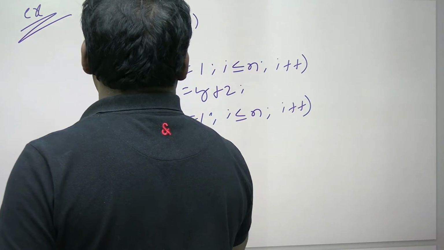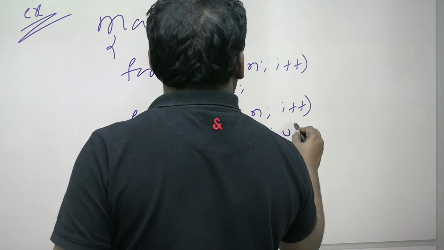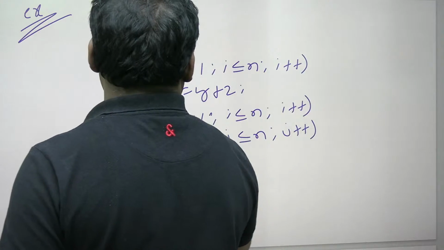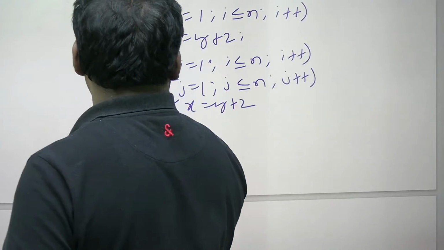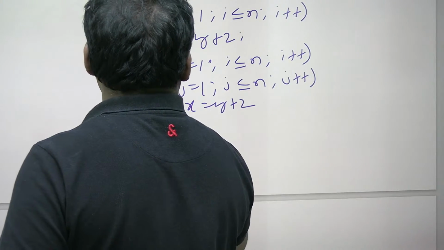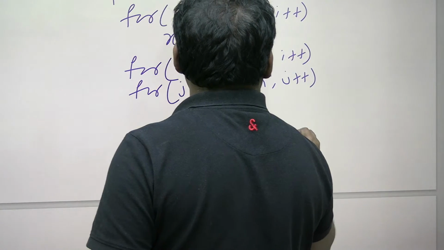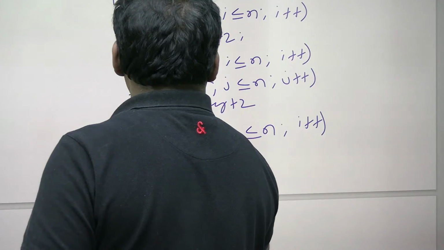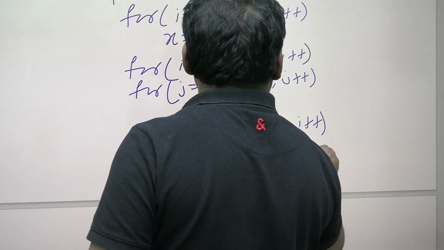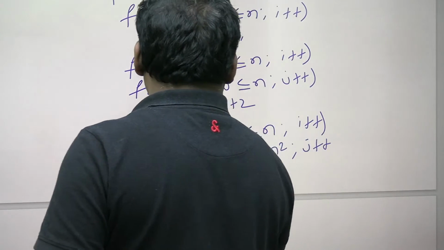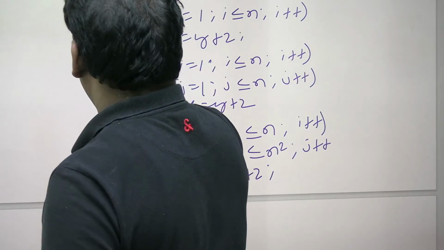For j is equal to 1, j less than or equal to n, j plus plus, x is equal to y plus z. For i is equal to 1, i less than or equal to n, for j is equal to 1, j less than or equal to n, j plus plus, x is equal to y plus z. End of the entire program.